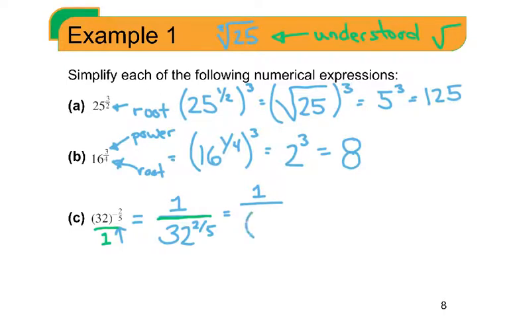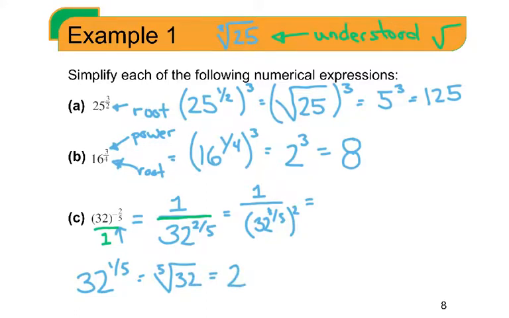I'm going to write this as 32 to the 1/5 power squared. And I know that 32 to the 1/5 power is the 5th root of 32. Isn't that 2? Think about it. 2 cubed equals 8. 2 to the 4th power equals 16. 2 to the 5th power equals 32.